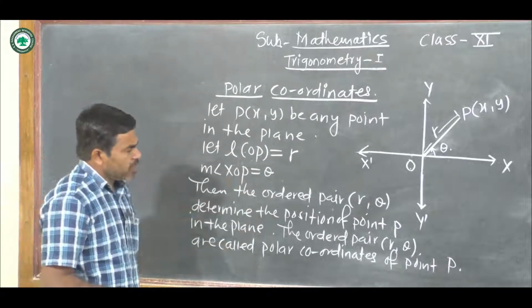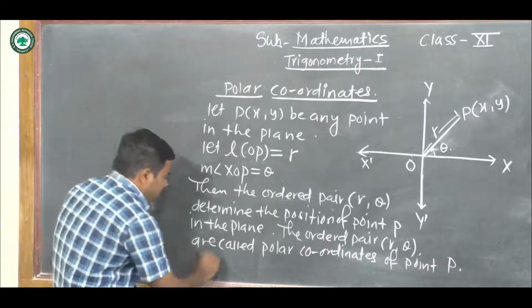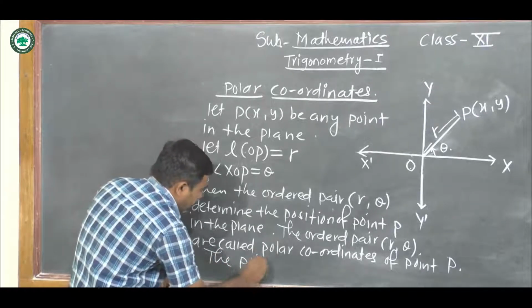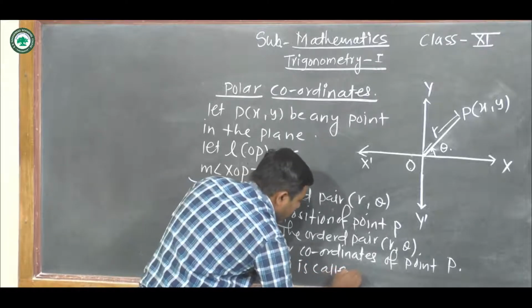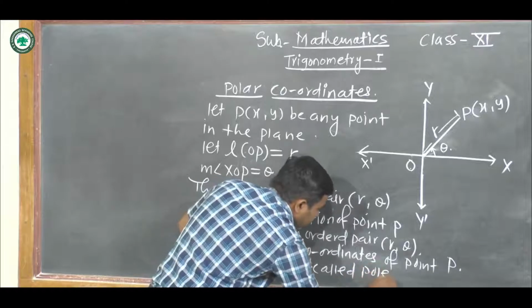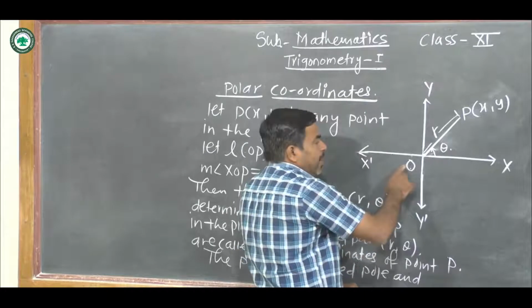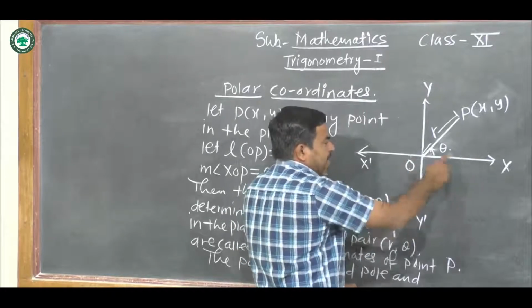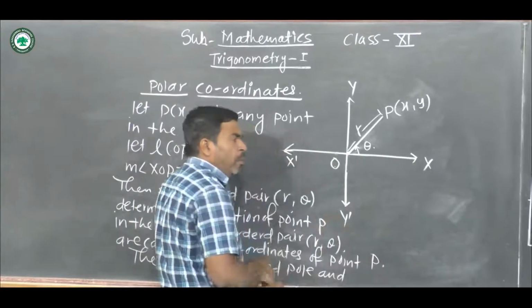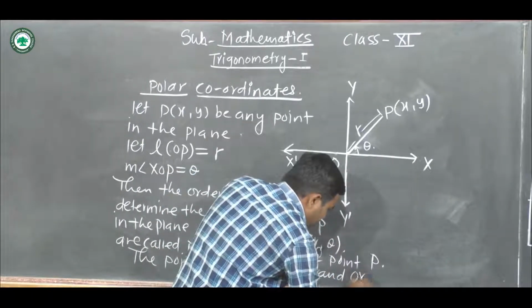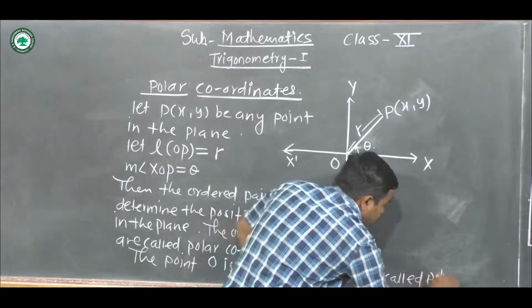Now point O, that is the origin, which is fixed, is called the pole. And OX, that is the x-axis, is called the polar axis. Point O is called the pole and OX is called the polar axis.